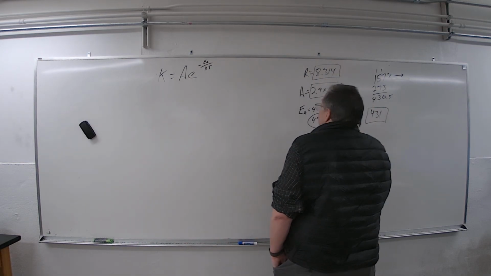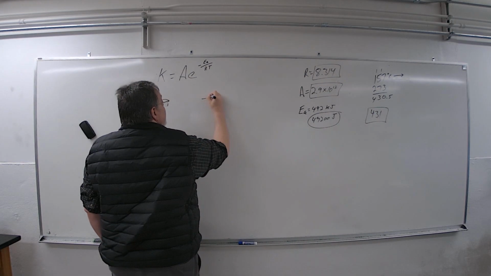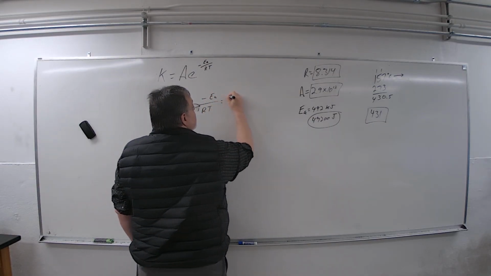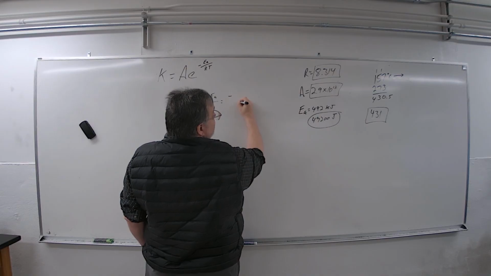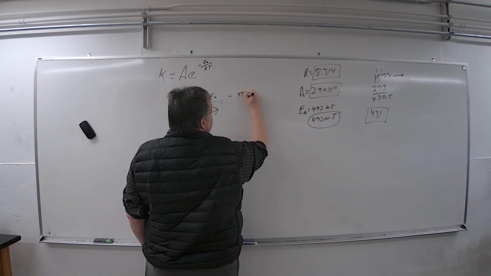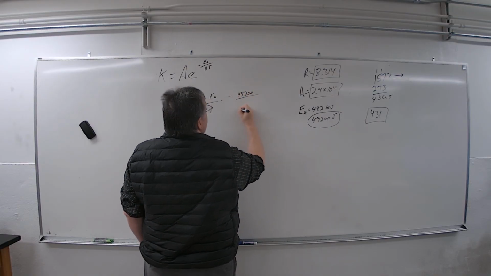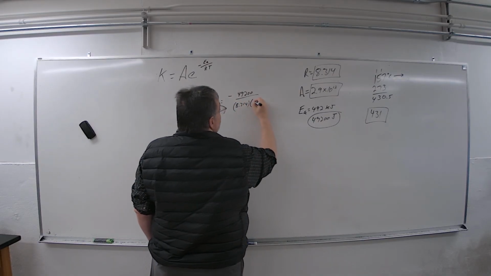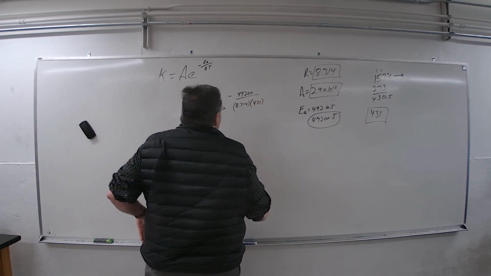That's in K now. So negative Ea over RT is negative 49200 over 8.314 times 431.